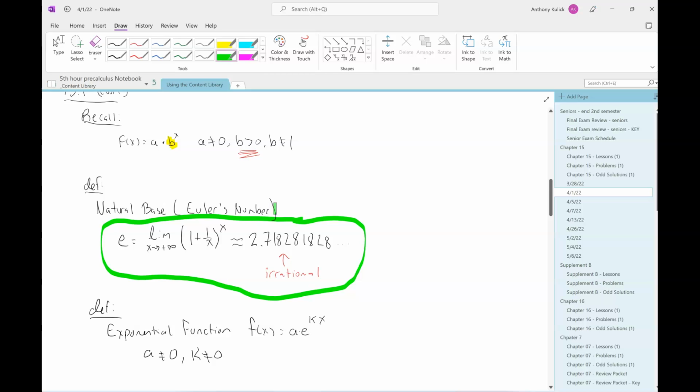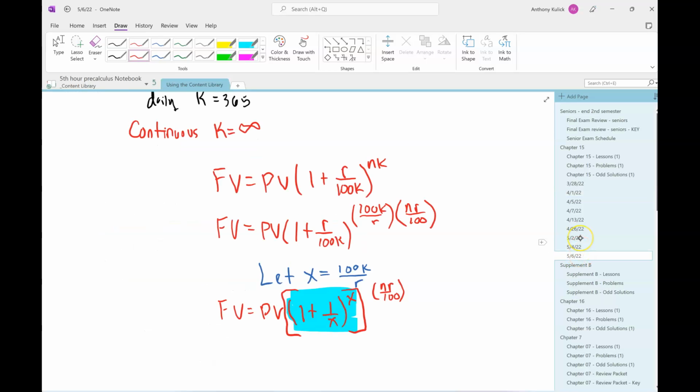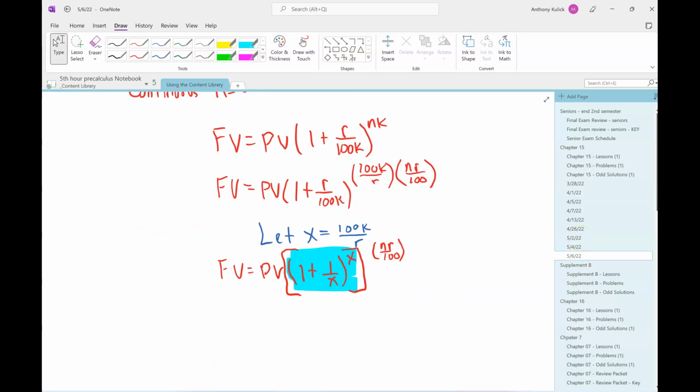That was part of our definition for E, where E is the limit as x goes to infinity of 1 plus 1 over x to the x. Everybody kind of remember that now that I've refreshed your memory? It was before spring break, so you're perfectly excused for forgetting that. I would have been pretty surprised if you did remember.